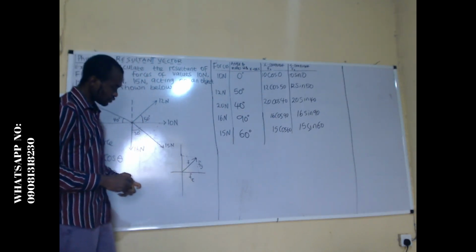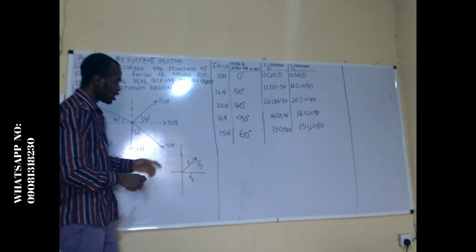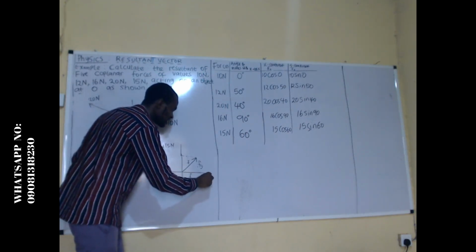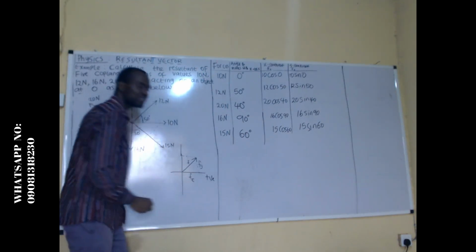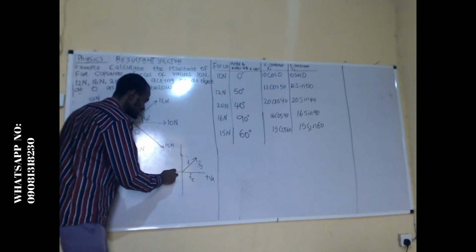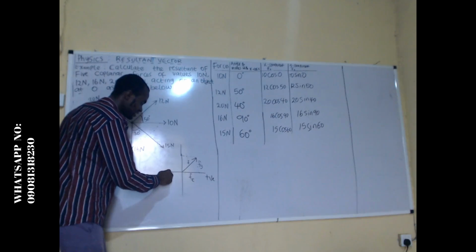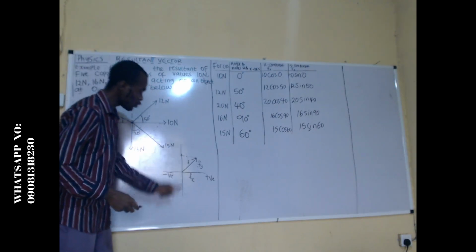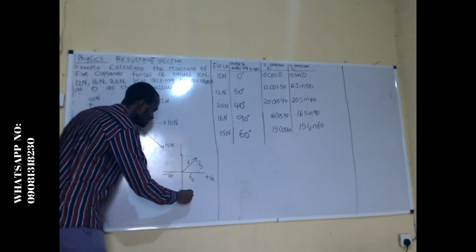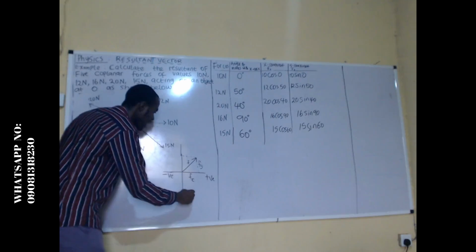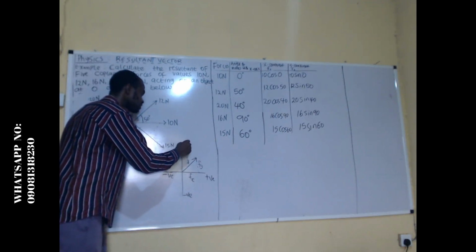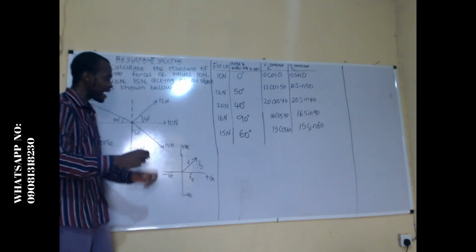On these coordinates, this axis is the positive s-axis and this axis is the negative s-axis, while the y-axis here is the negative y-axis and here is the positive y-axis.